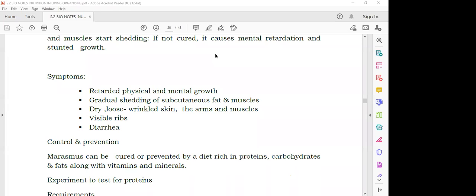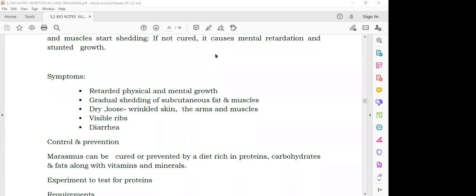Okay. So those are the symptoms of marasmus. Visible ribs: if you have not been eating for some time, then the ribs will be seen by everyone.